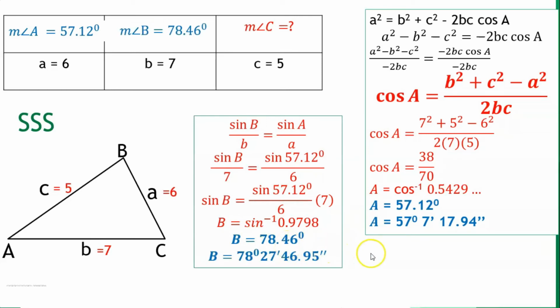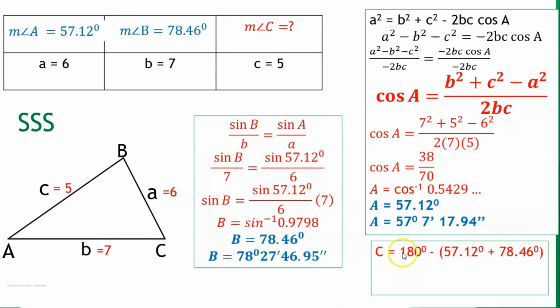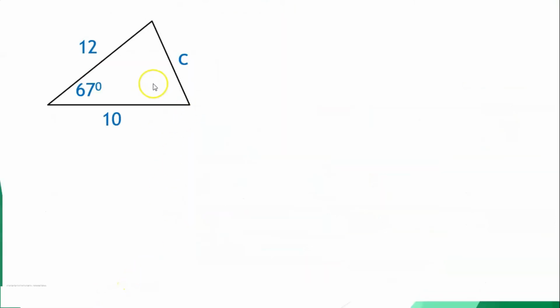Now to find angle C, that would be 180 degrees minus 57.12 degrees minus 78.46 degrees. With this, the measure of angle C is 44.42 degrees. Now take note of the three sides. Side c is the shortest side, and of the three angles, angle C is also the smallest angle.